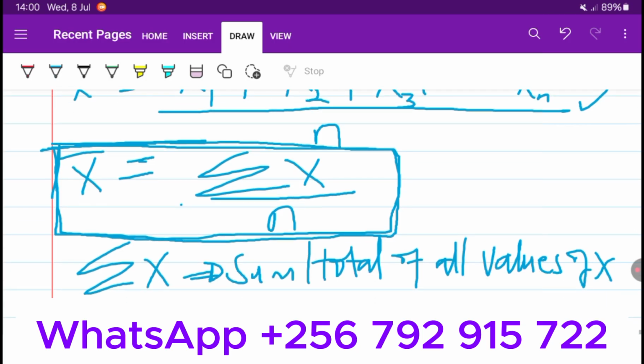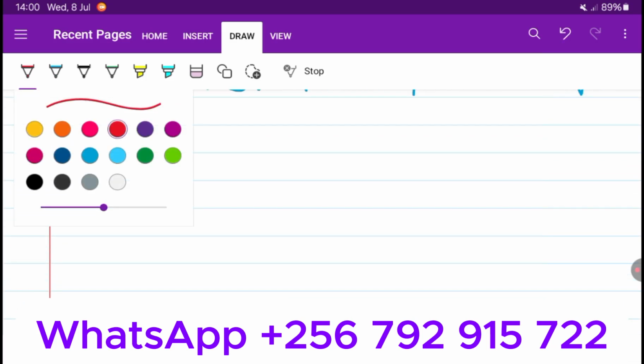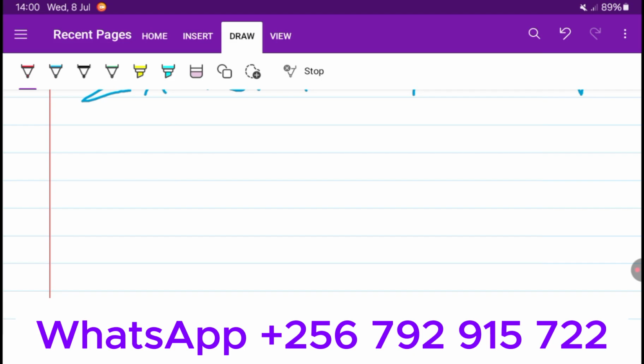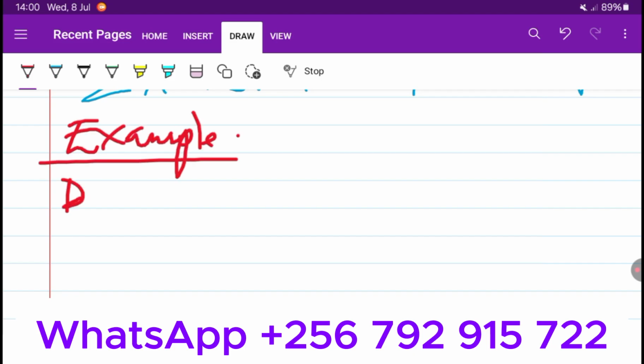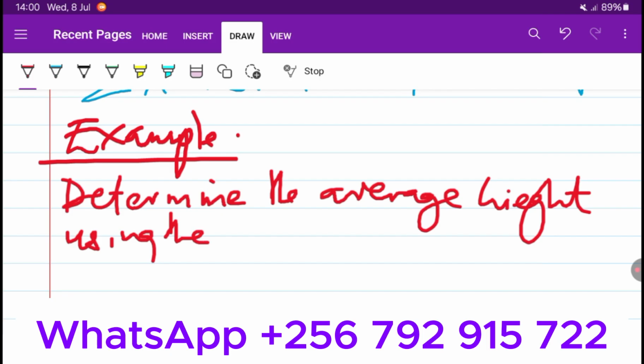So let's look at a very basic example for us to illustrate what we've talked about. Example: determine the average height using the data below.